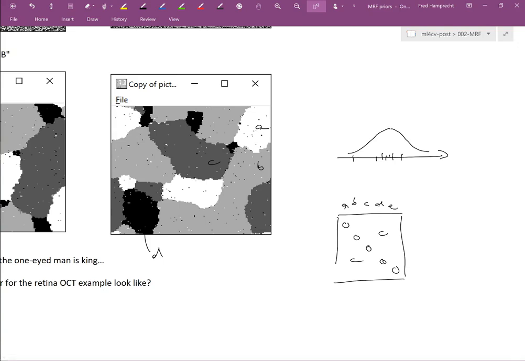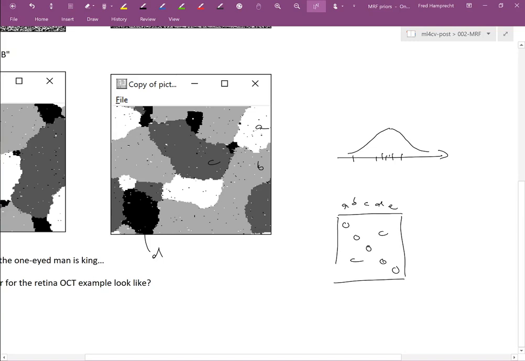So that's different from our retina example, because here we do allow E to be a neighbor of A; A and E being neighbors here is no more expensive than A and B being neighbors. And in our OCT example, we would do that differently. But this is the energy function, which is used to define the energy between two adjacent sites.